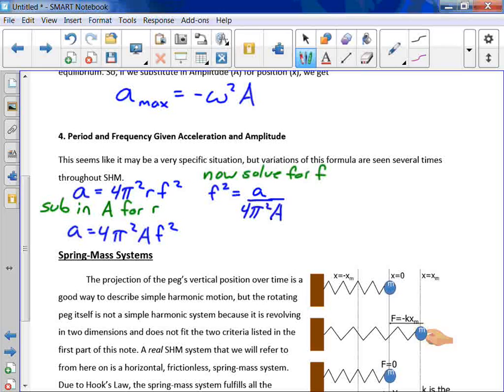And if I square root both sides, the 1 over 4 pi squared I'm going to pull out of the radical to just leave it as 2 pi. But the root of acceleration over amplitude, I'm going to leave under the square root.